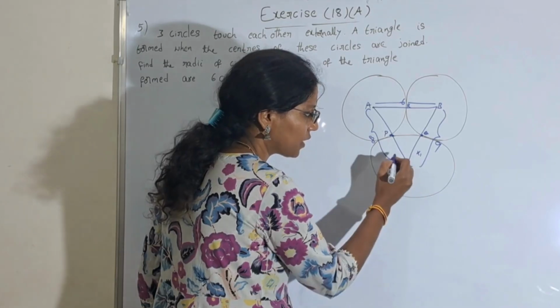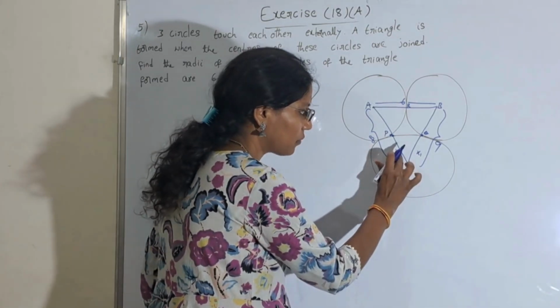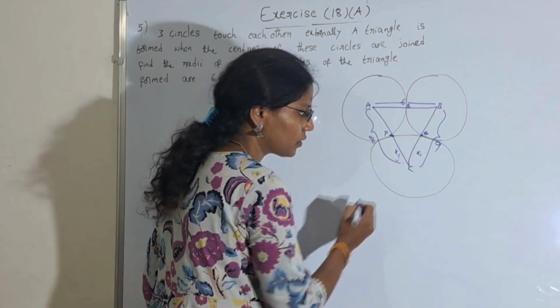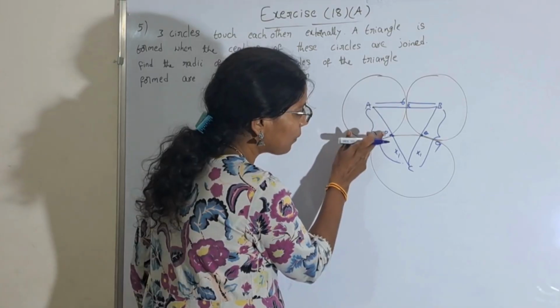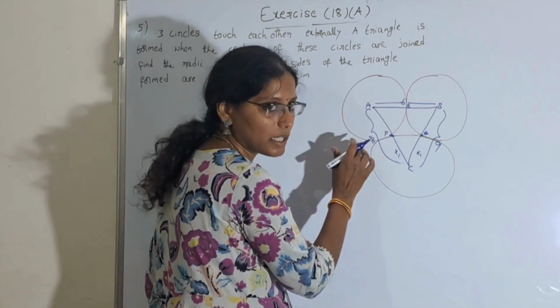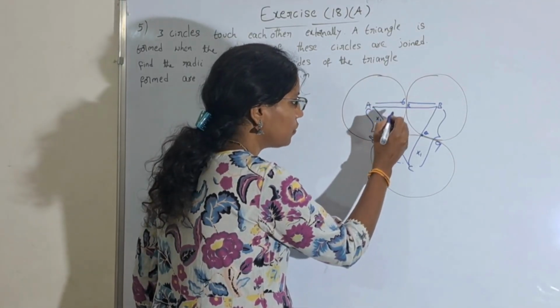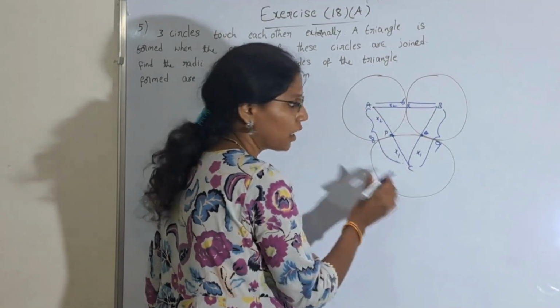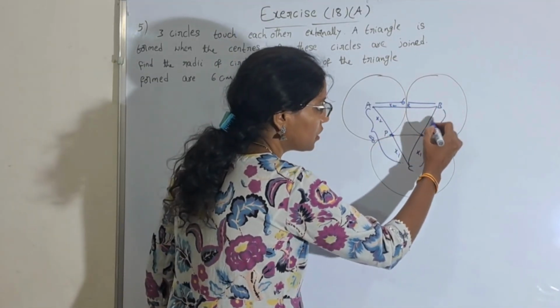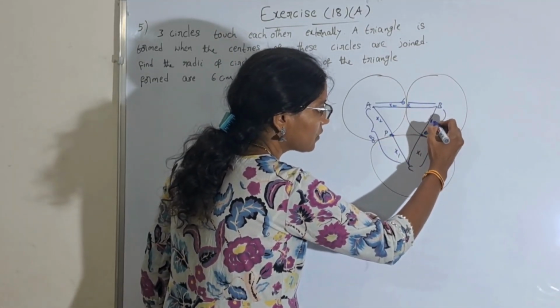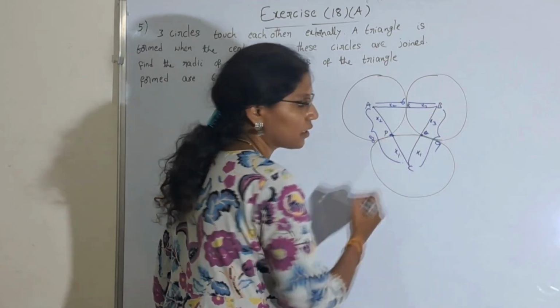This is x1, this is x1. Next, for this circle we observe AP and AR, both radii. This is x2, this is x2. Next, BQ and BR, both radii, so these two are equal: x3 and this x3.